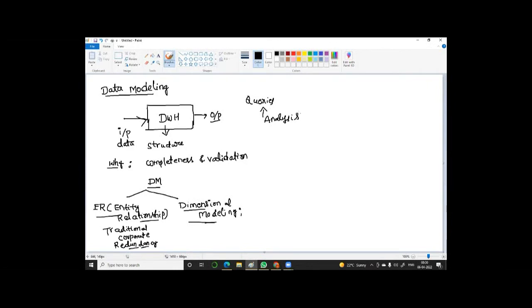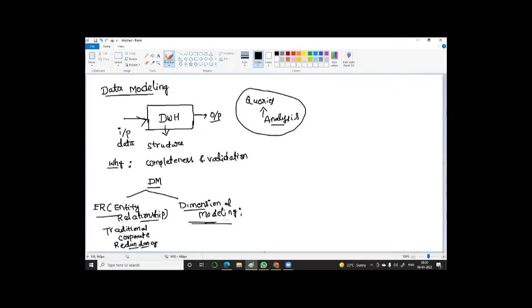From the beginning onwards, we are turning around these two things only. When the query comes, I have to answer it. It means I have to give analysis for those queries. So that is easy in the case of dimensional modeling. That's why I told you it is advanced and suitable for the present scenario.